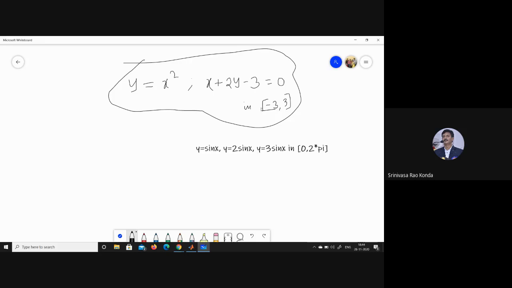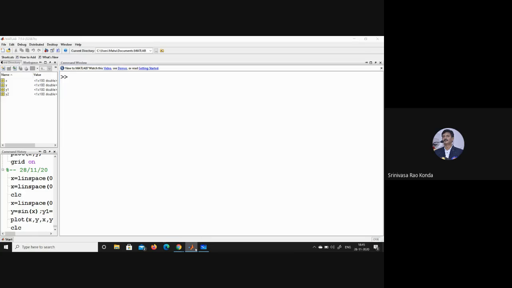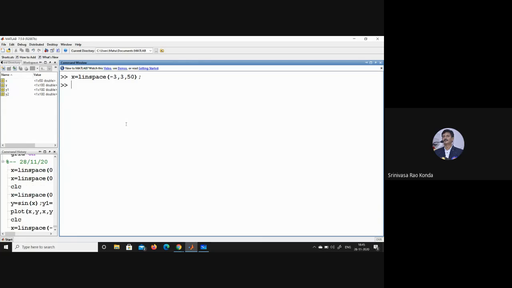So first you have to take some x values in the given interval. x is equal to linspace of minus 3 comma 3, some 50 points. Okay, 50 points I'm taking. First, y is equal to x dot caret 2.